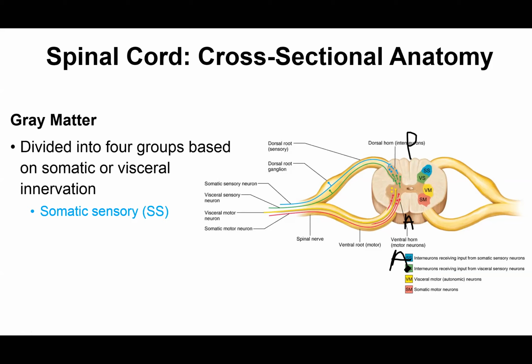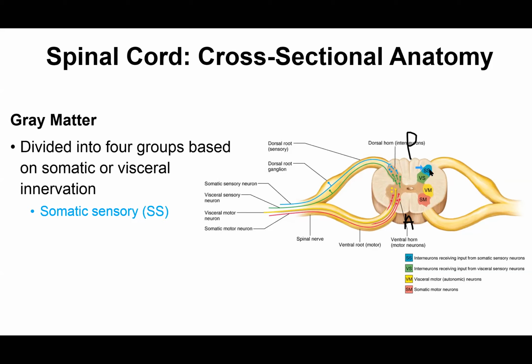And within the dorsal horns, we have two areas. So one area is going to be the somatic sensory area.